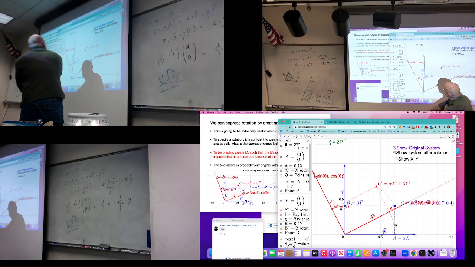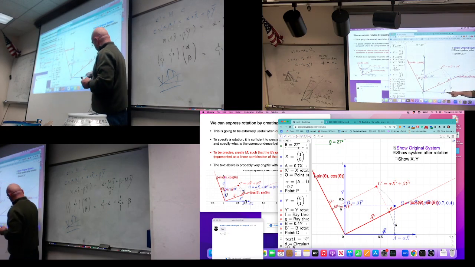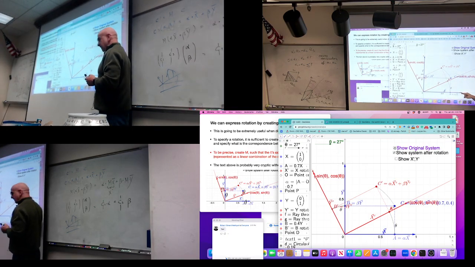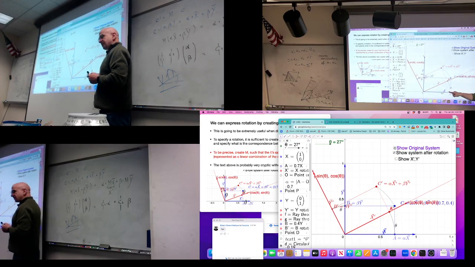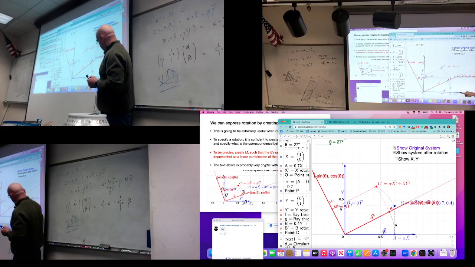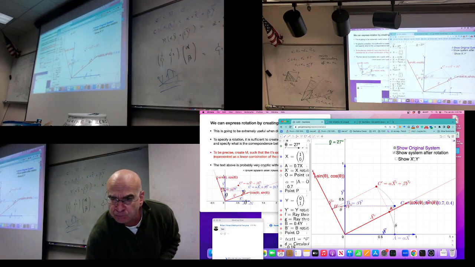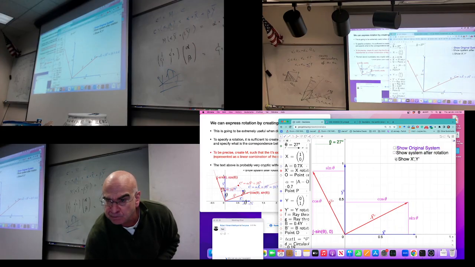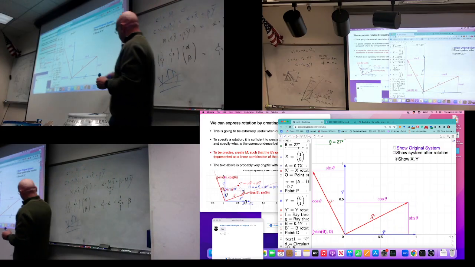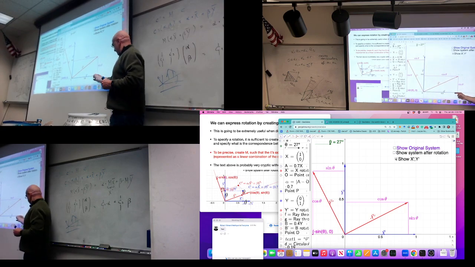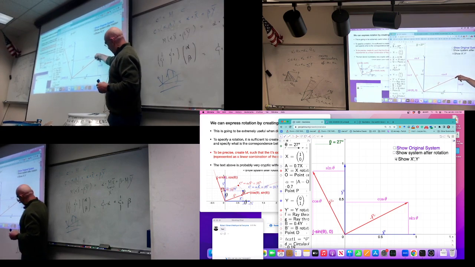OK, so we are almost done. Let's just write what happens to the x-axis after the rotation. What are the coordinates? The length of x is 1. I rotate it by theta. The x-axis rotated by theta.